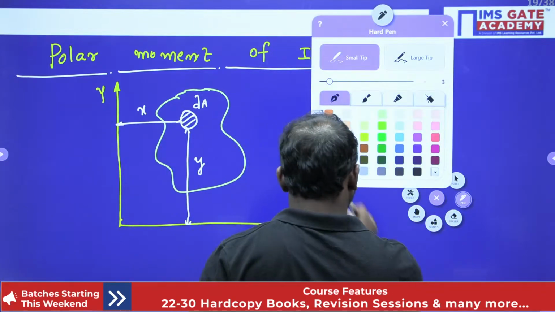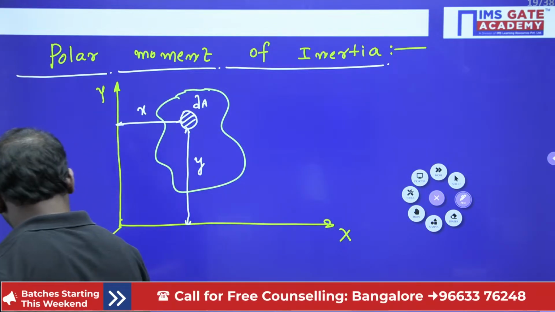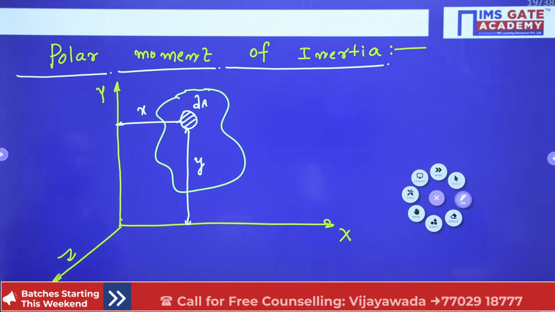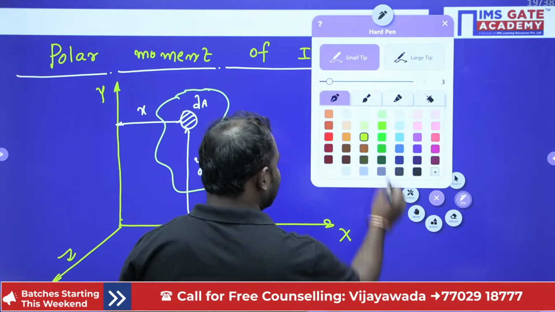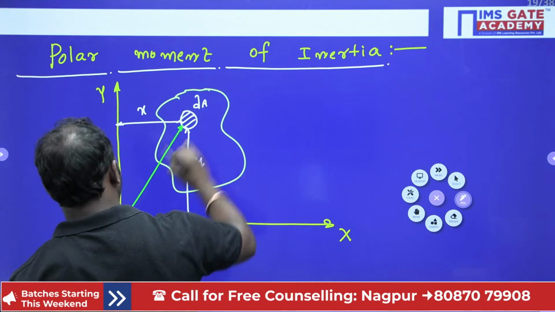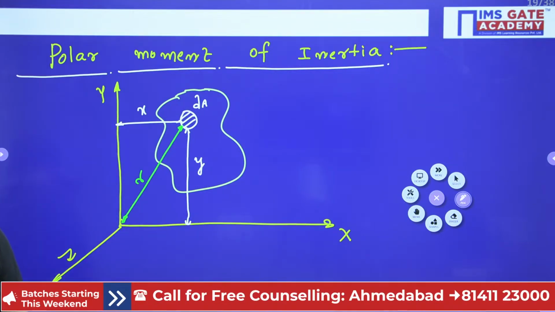Now how about the z-axis? It is located a certain distance from the z-axis. That we call r, isn't it guys?